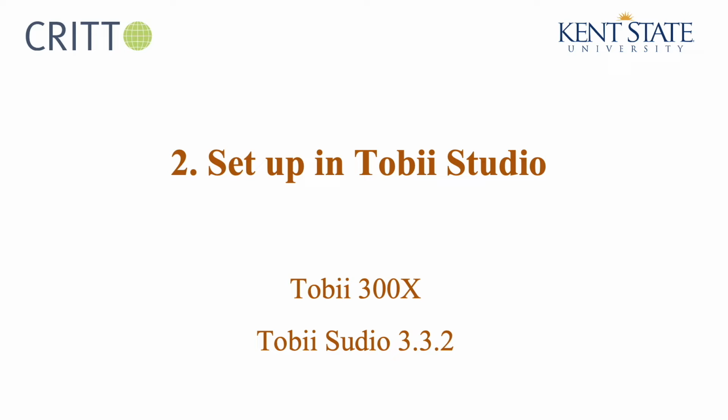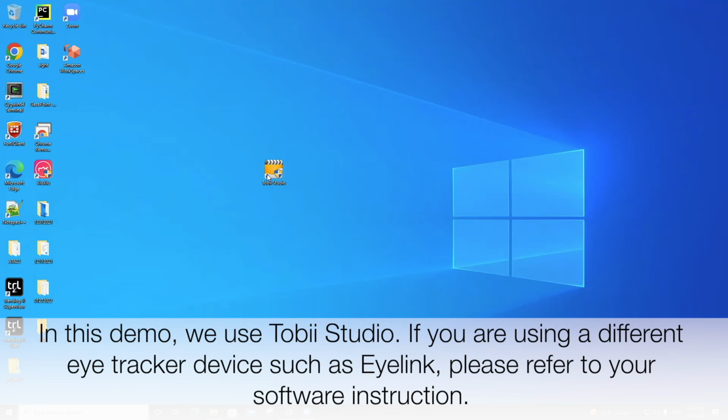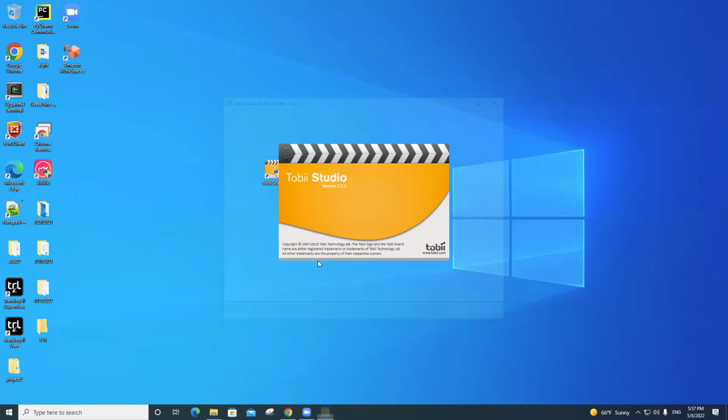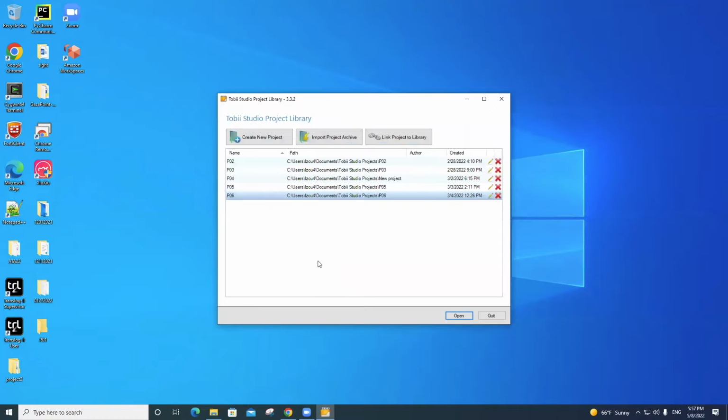The second step is to set up in an eye tracking software. For example, in this demo, we use Tobii TX300 eye tracker and Tobii Studio 3.3.2. Create and name a new project on the eye tracking program.